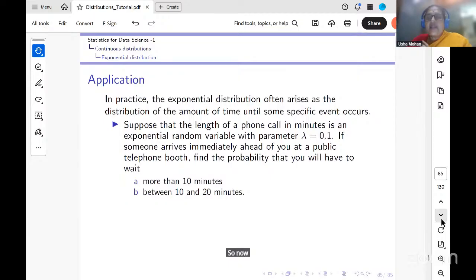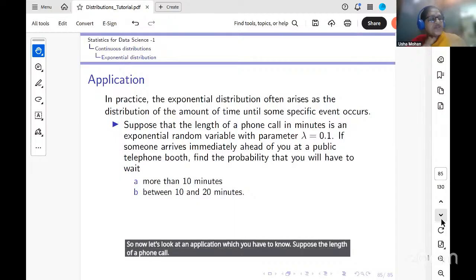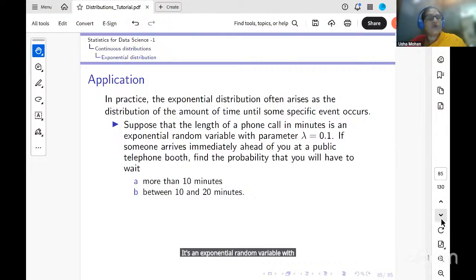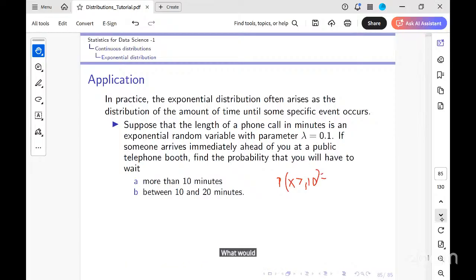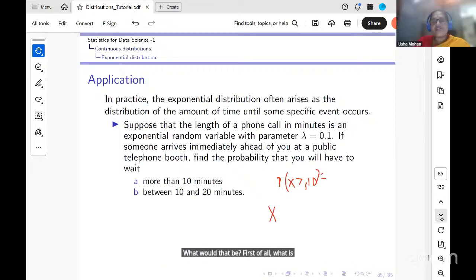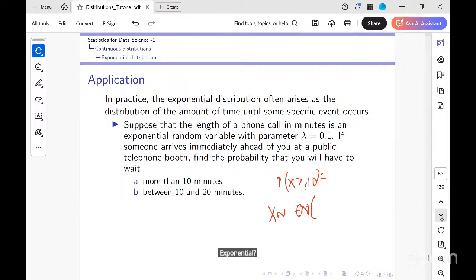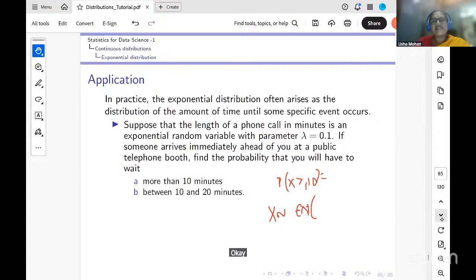Now let's look at an application which you have to know. Suppose the length of a phone call is an exponential random variable with parameter lambda equal to 0.1. If somebody arrives immediately ahead of you, find the probability that you'll have to wait for more than 10 minutes. X denotes the length of the call.